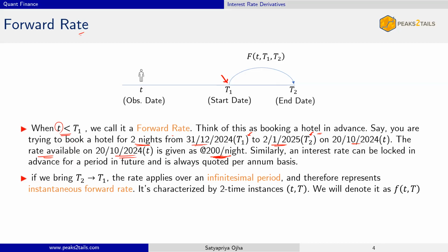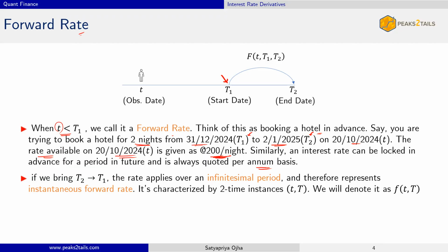The one single standard convention for interest rates is per annum. Everything is quoted on a per annum basis. Ultimately, how long your period would be in terms of years and what is the rate per annum, those two will work together to give you the interest amount or interest payment.